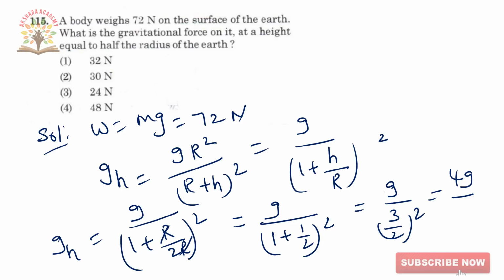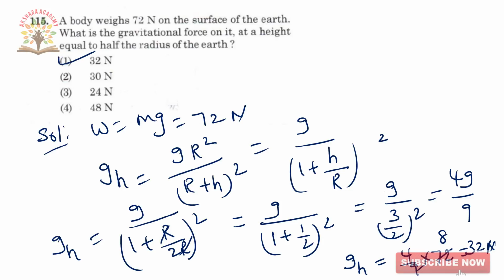Substituting the value, g_h is equal to 4 by 9 into the g value 72, that is equal to 32 newtons. The first option is the correct answer. Option 1 is the correct answer.